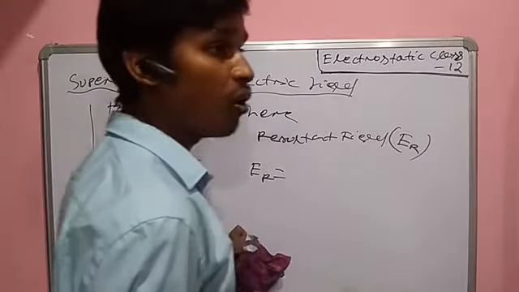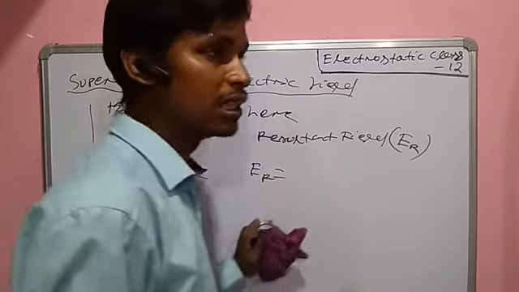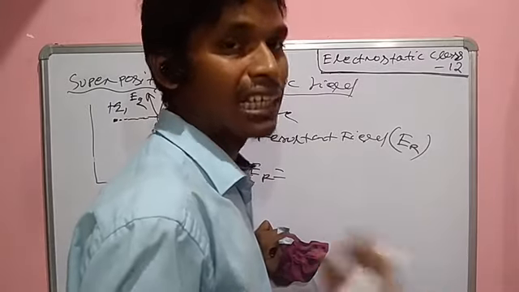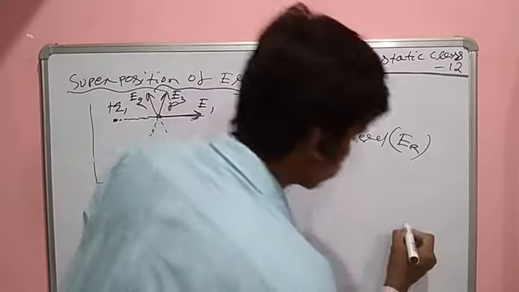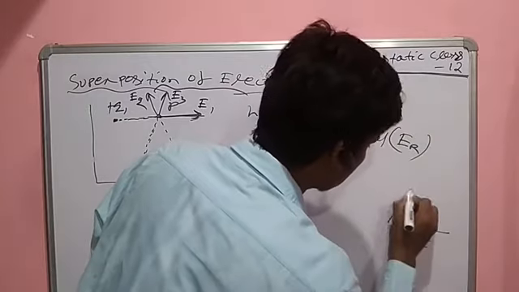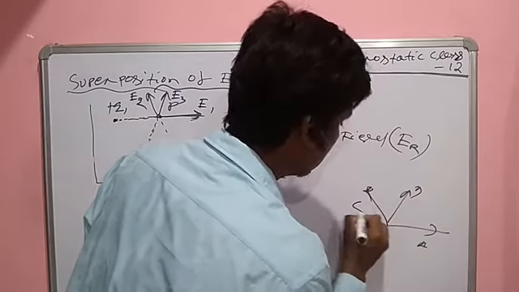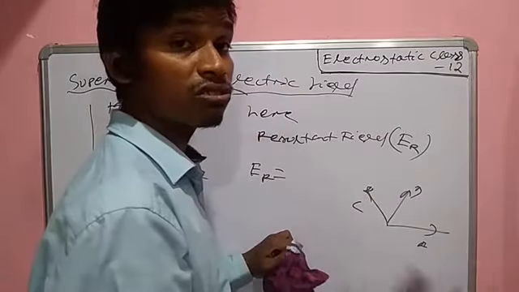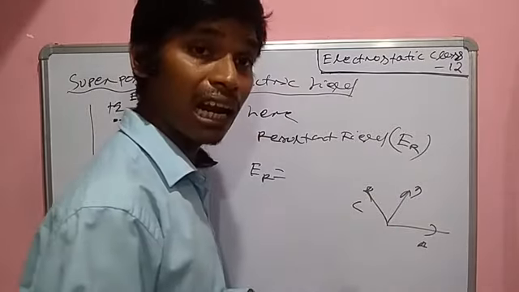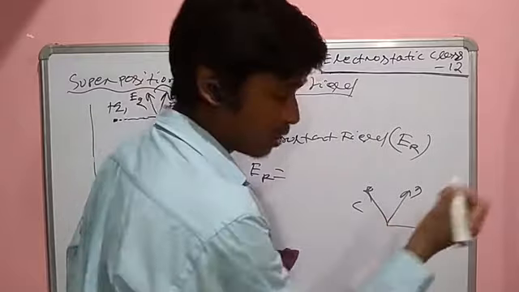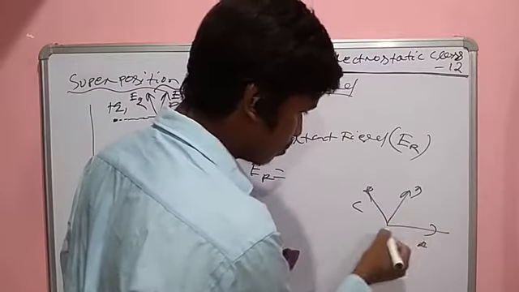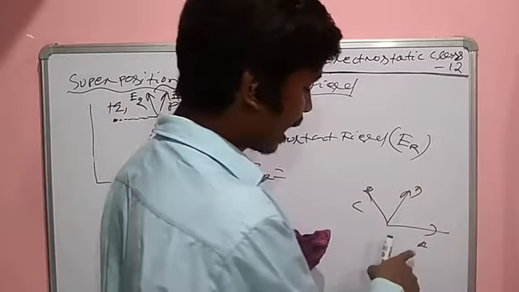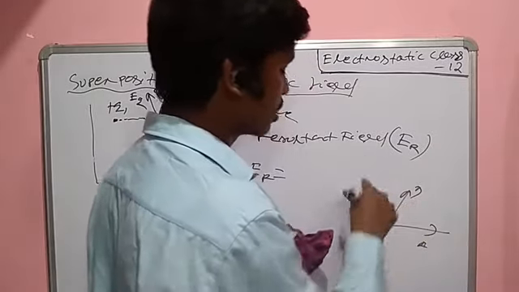You have already known in first year physics, the net force: suppose this direction A, this direction B, this direction C, the resultant is the vector sum of the individual vectors, A vector plus B vector plus C vector.